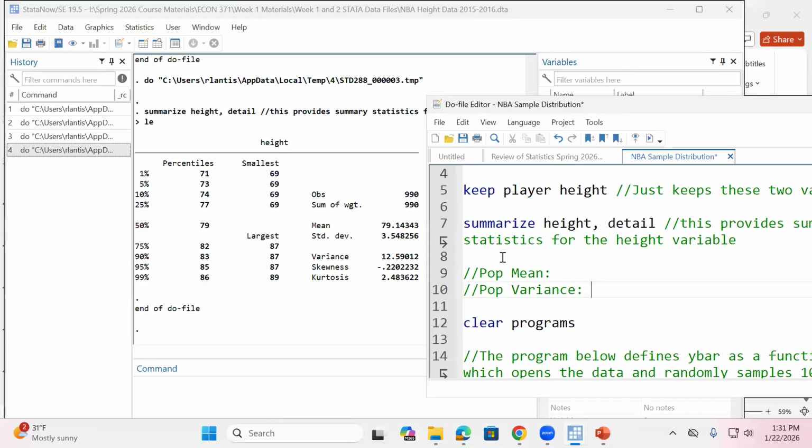So I would use comments using this double backslash and say, when I use that summarize command, what I found was the population mean was 79.14, and that population variance is 12.59. Okay. So we're okay up to this point, how I would find from a population data set, I could use Stata to calculate my mean and variance.